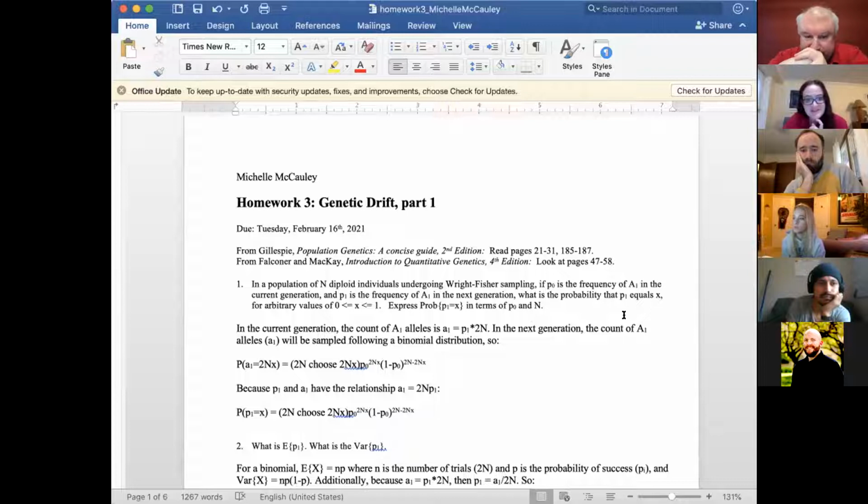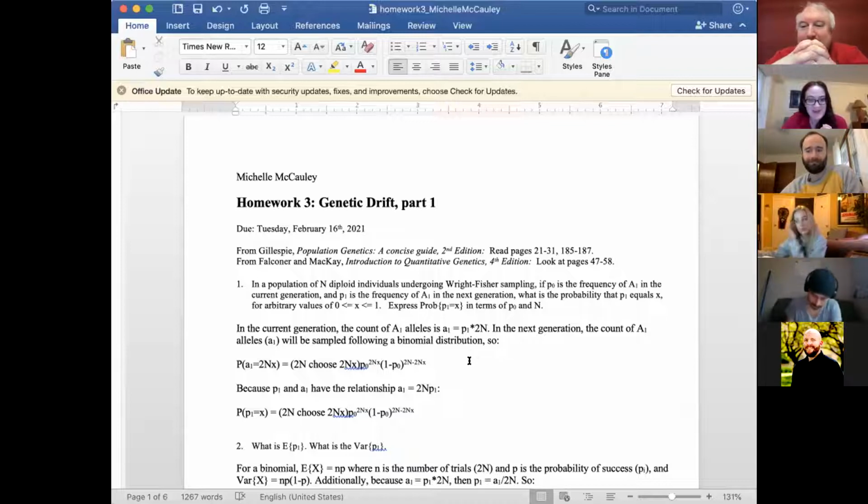So what is the probability that P1 equals X for values of X between 0 and 1? So basically, we're looking at a binomial distribution. And you went over this on Thursday, and I still don't really understand why.